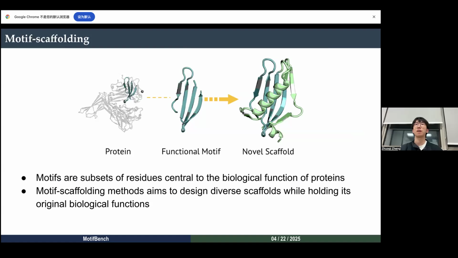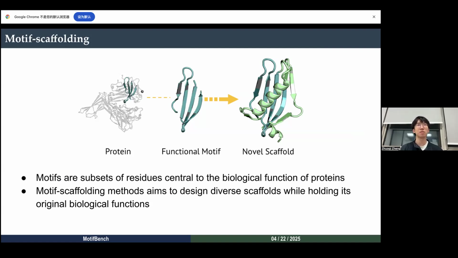We have now covered some concepts of protein backbone generation, so now we're going to take a look at motif scaffolding. Although proteins perform various functions, sometimes these functions are governed by a subset of residues, which we often refer to as motifs.